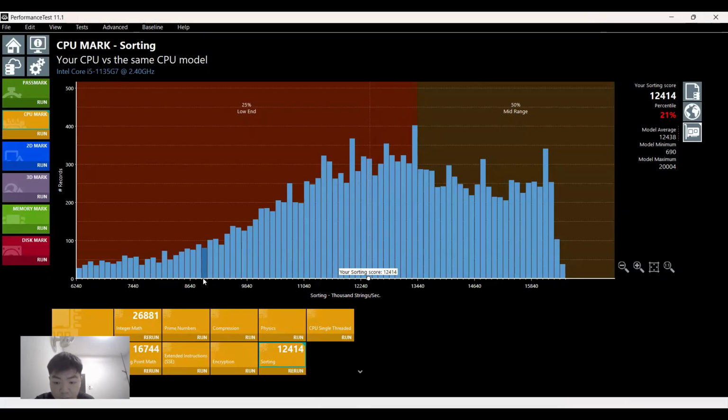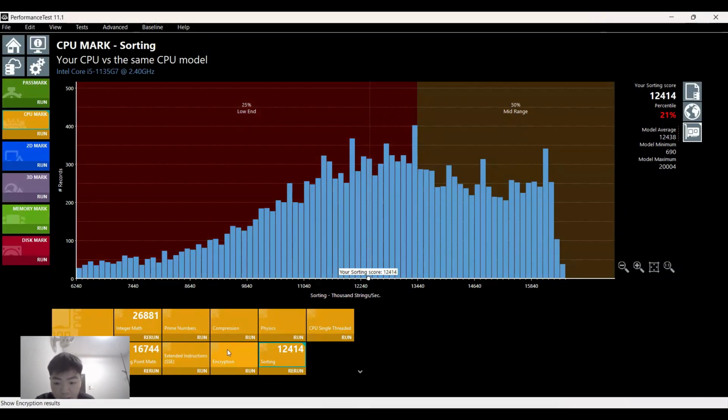So I'm executing only the floating point math and vector math portions of the subtests. This forced my 11th Gen Intel Core i5 processor to heavily engage its advanced architectural extensions like AVX2 and AVX-512.